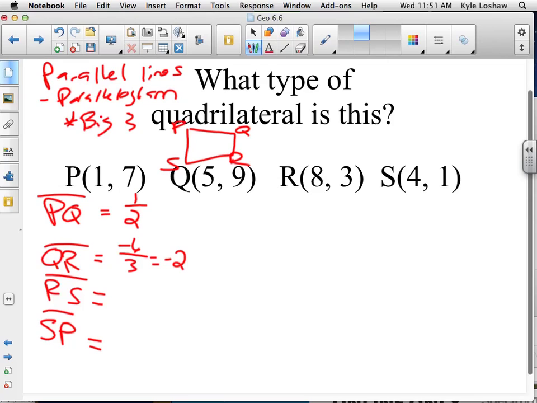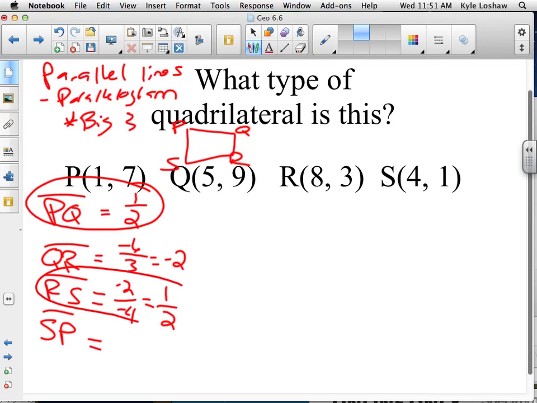So now let's get the slope of RS. 1 minus 3 is -2. 4 minus 8 is -4. Well, that equals 1/2. Ooh, that's interesting. So right now we have two congruent slopes.